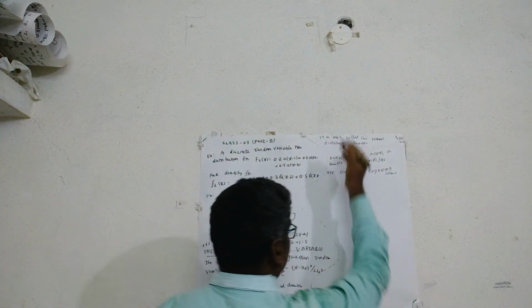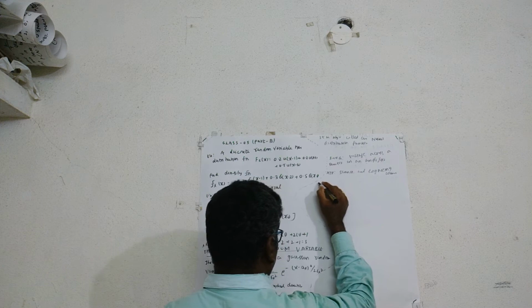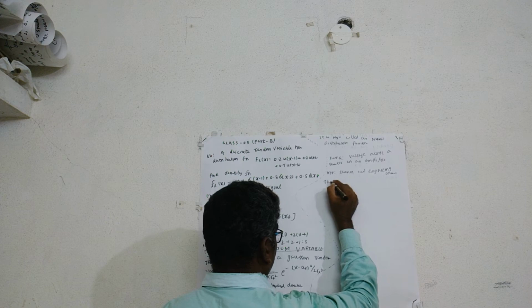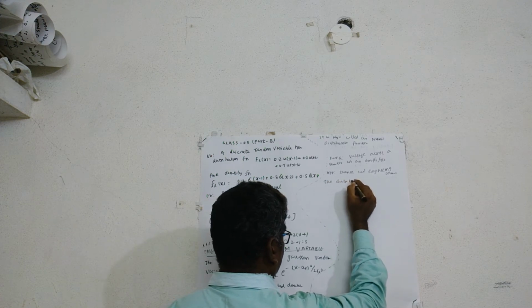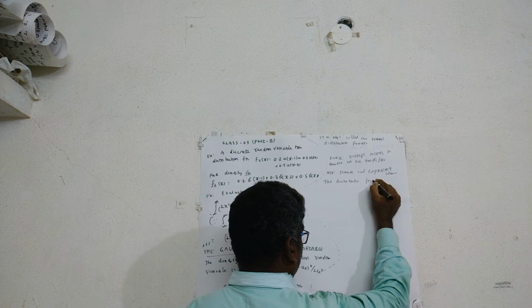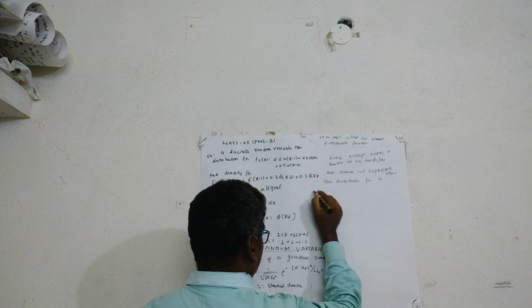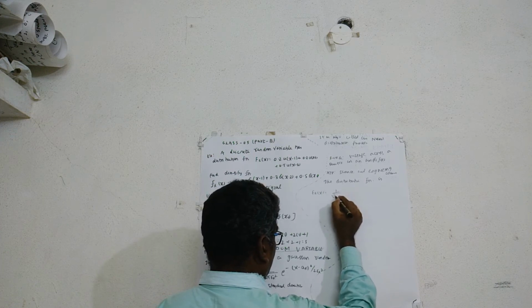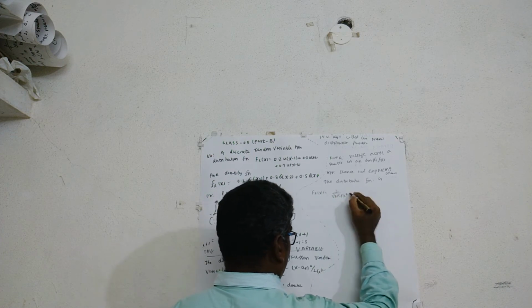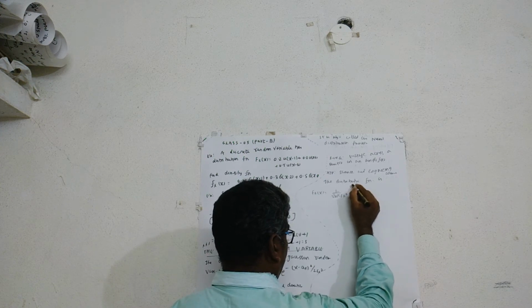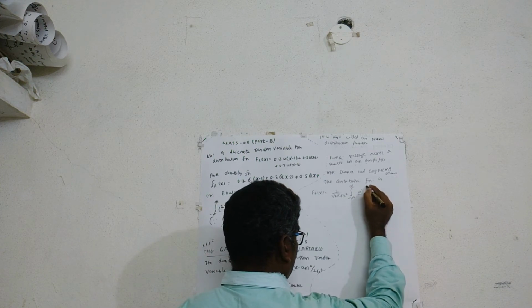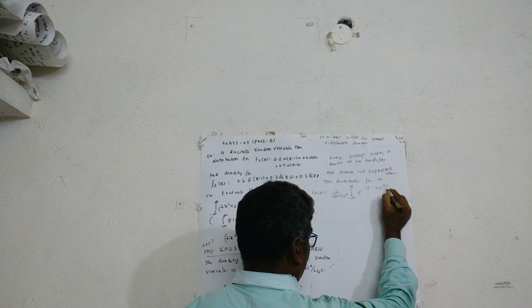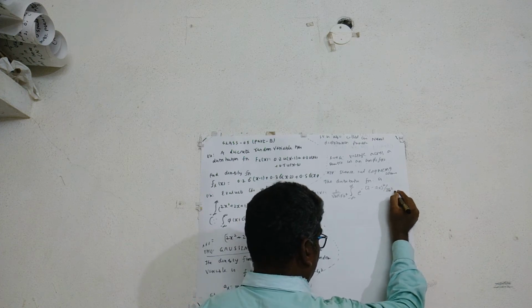How do you get this distribution function? The distribution function is given by FX(x) equal to 1 divided by square root of 2 pi sigma X square, integral from minus infinity to x of e power minus (zeta minus aX) whole square by 2 sigma X square d zeta.